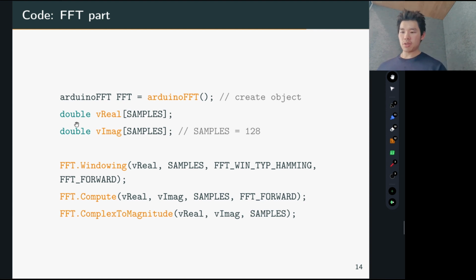And then the second function, FFT compute, computes the actual fast Fourier transform using the Cooley-Tukey algorithm. And then the last one, complex to magnitude, converts the complex numbers to get their magnitudes. So that's basically it for the FFT algorithm itself.